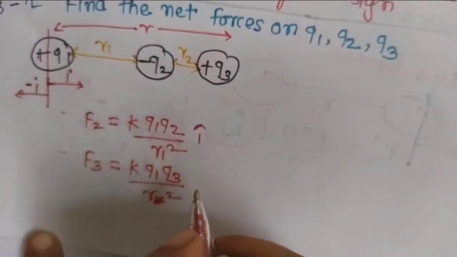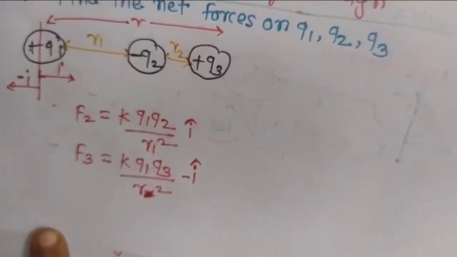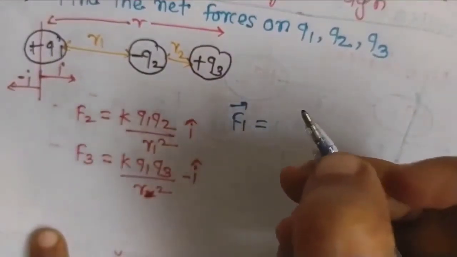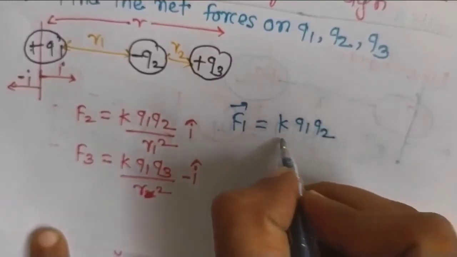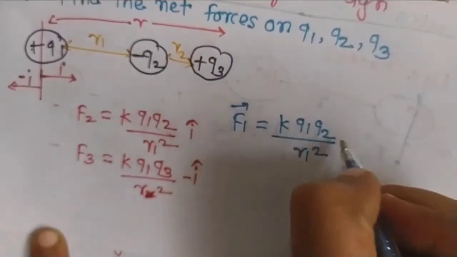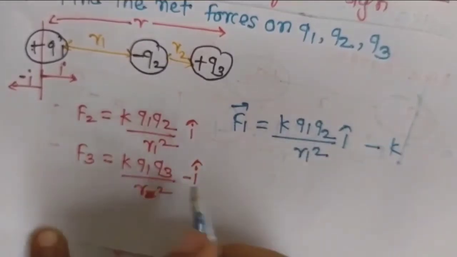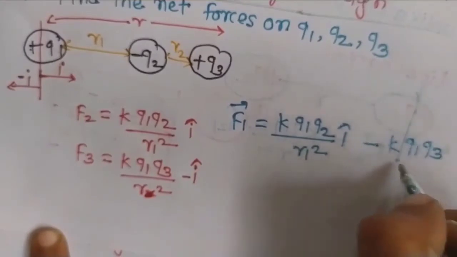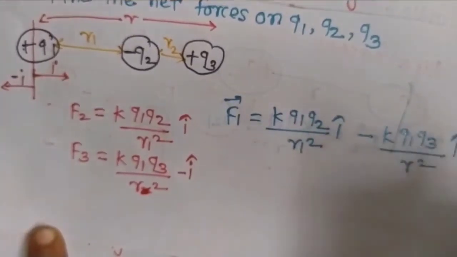This is I cap and this is minus I cap. The direction is from left hand side to right hand side. The net force F1 is equal to K Q1 Q2 upon R1 square I cap minus K Q1 Q3 upon R square I cap.